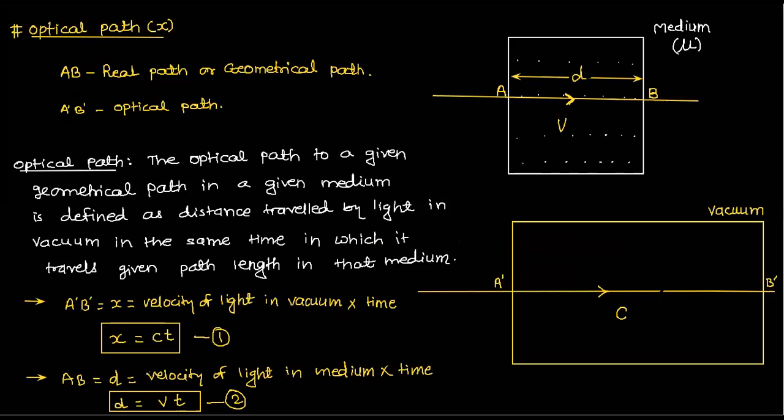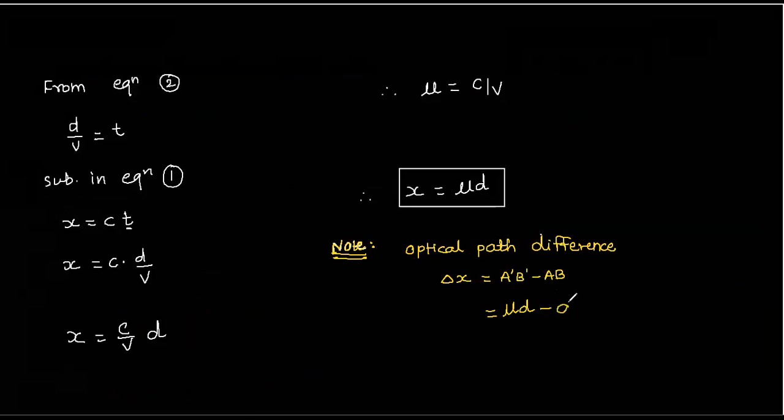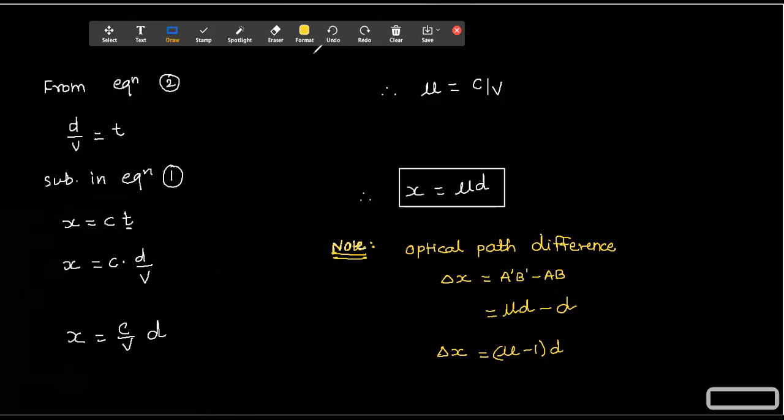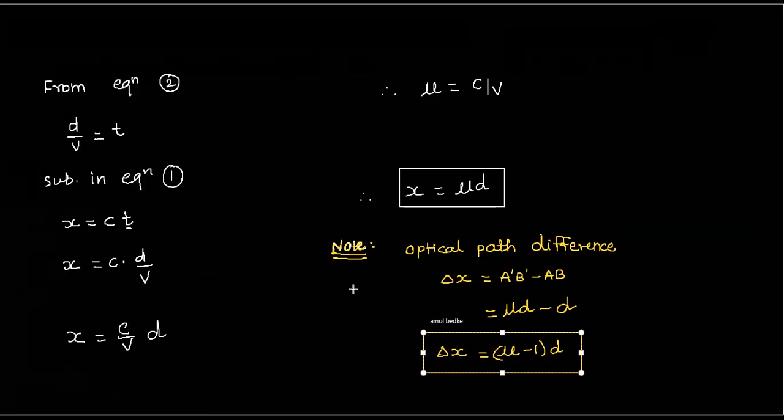Minus AB, which we already know is d. Therefore delta x is equal to, if I take d common, mu minus 1 into d. This is your optical path difference. Note down this.